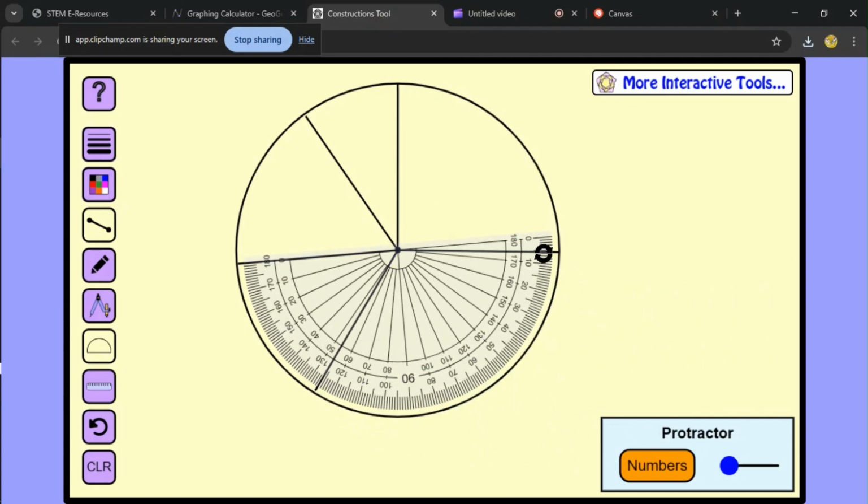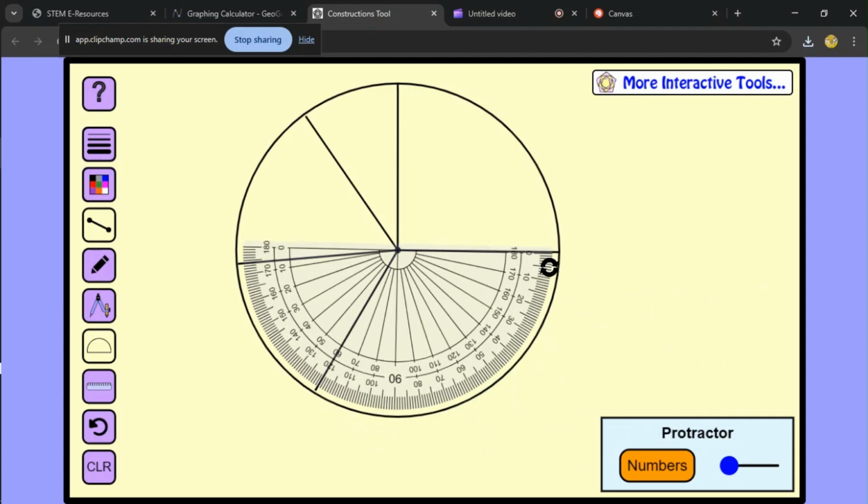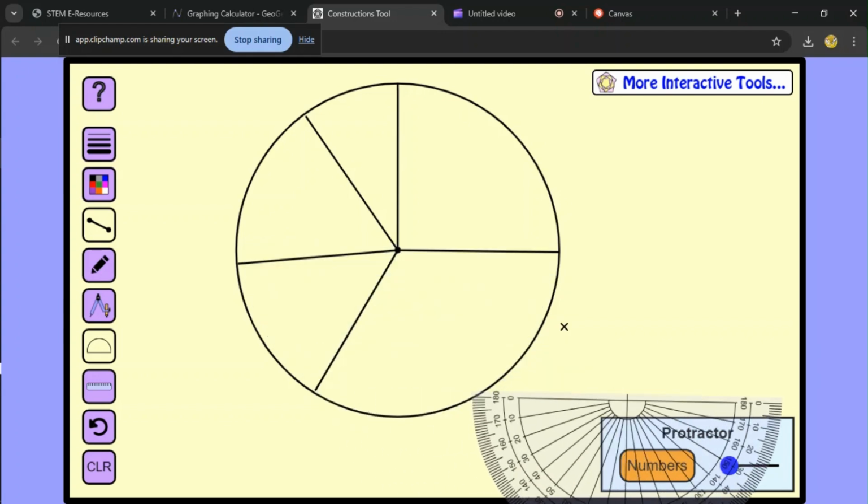Let me see the remaining angle. So you can see it's exactly 0. I'm using the outer scale. 0, this is all the way 0. You begin where you have 0. 0, 10, 40, up to here, it's 120.